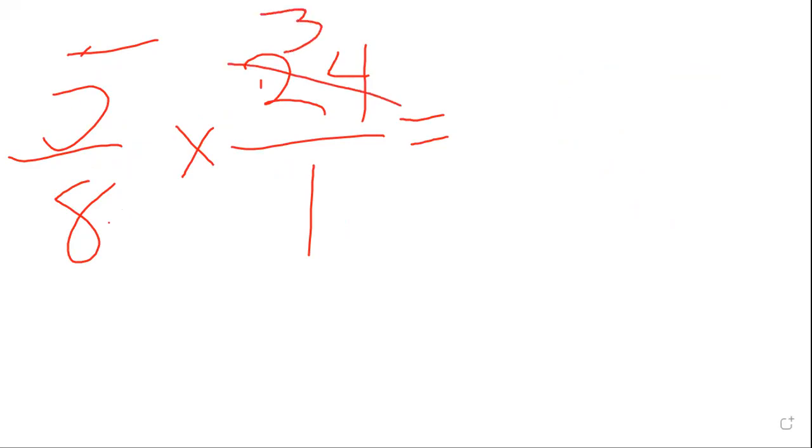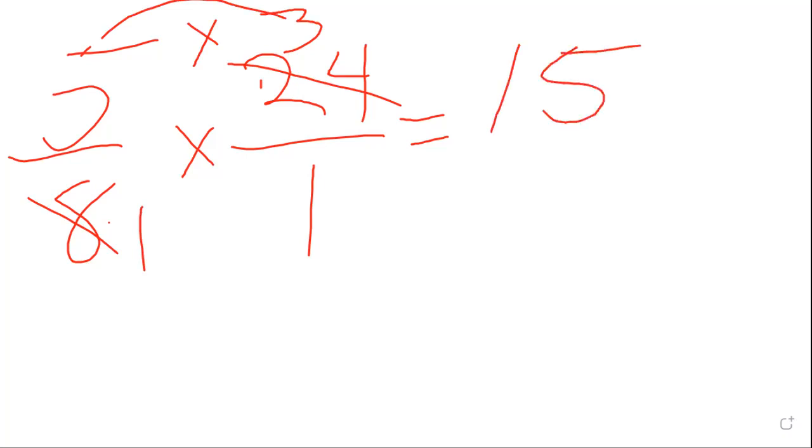So 24 became 3. If we divide 8 by 8, we're dividing both numbers by the same number. It's just like reducing, right? We get 1, which just leaves us with 5 times 3, which is 15. Okay. And we put that over 1, which is the same as just saying 15.